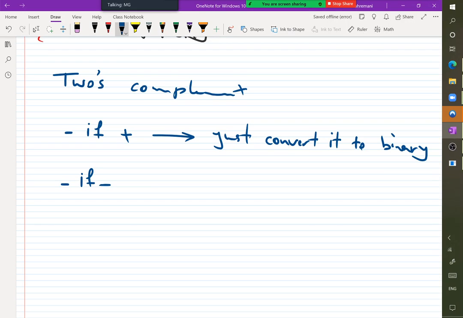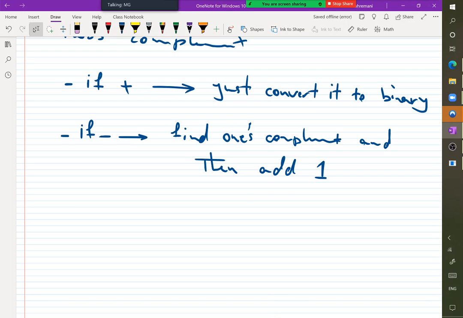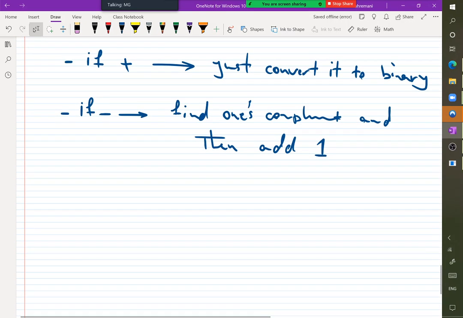But if the number is negative, we find one's complement and then add 1. So we find one's complement and then add 1. So we have the two's complement.